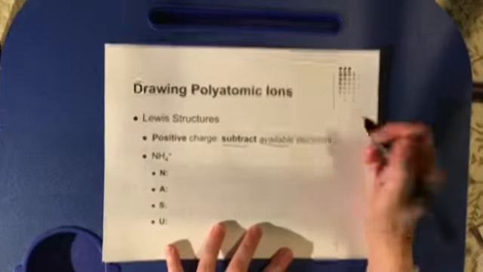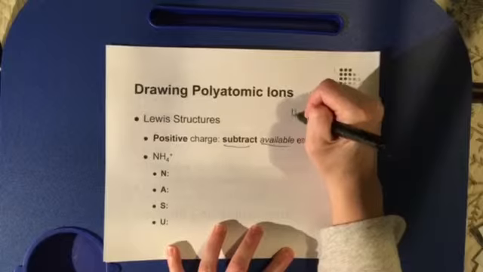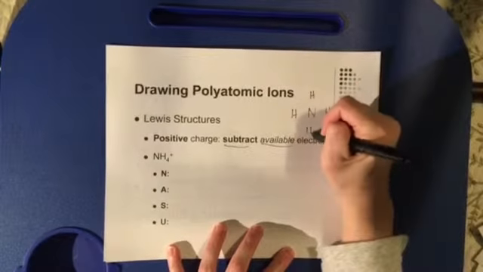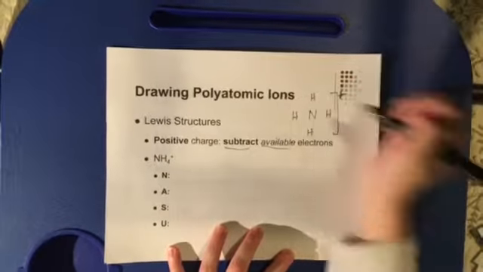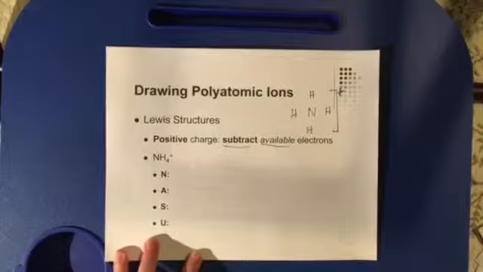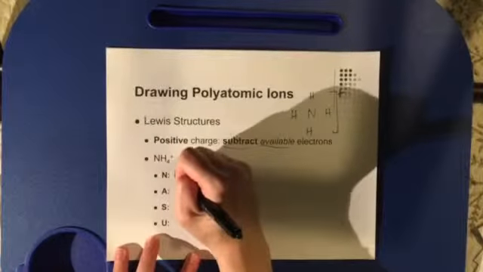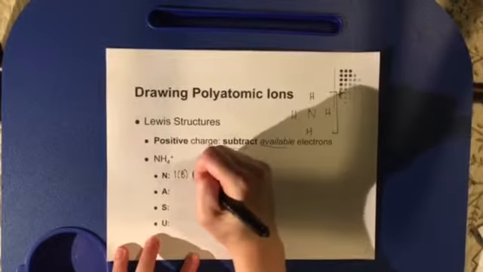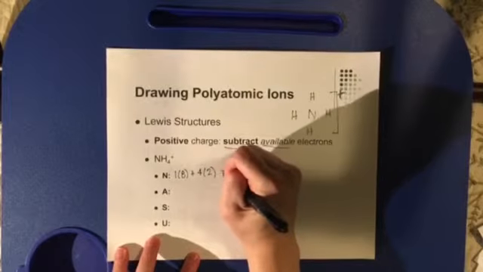And so here we've got NH4, so N, H, H, H. It's a positive charge right there. We want to draw the Lewis structure from that. The needed will be the same. We've got 1 nitrogen that needs 8. We've got 4 hydrogens that need 2.